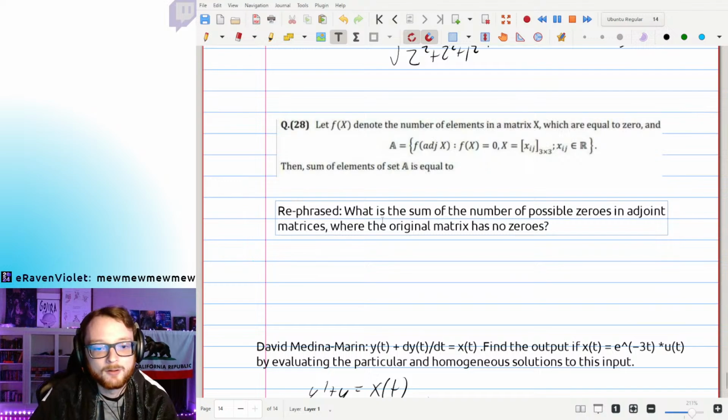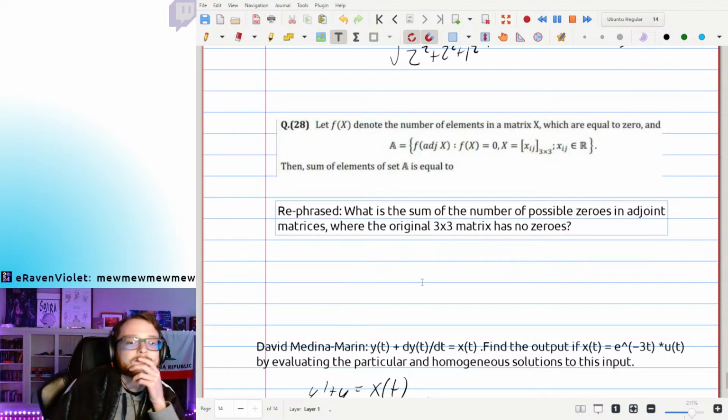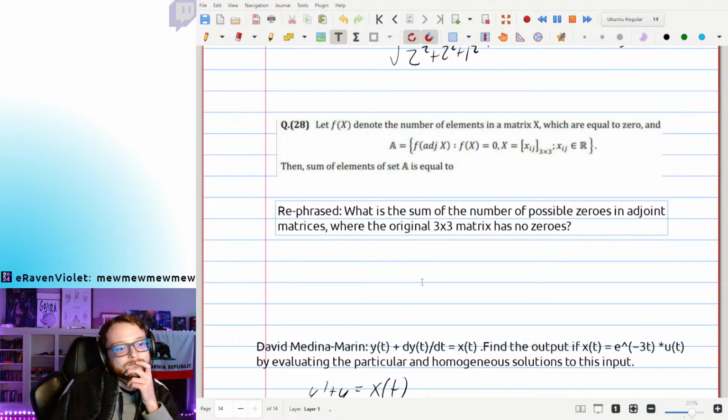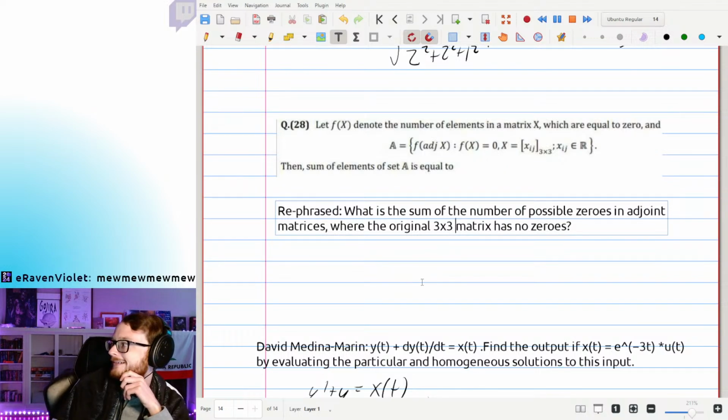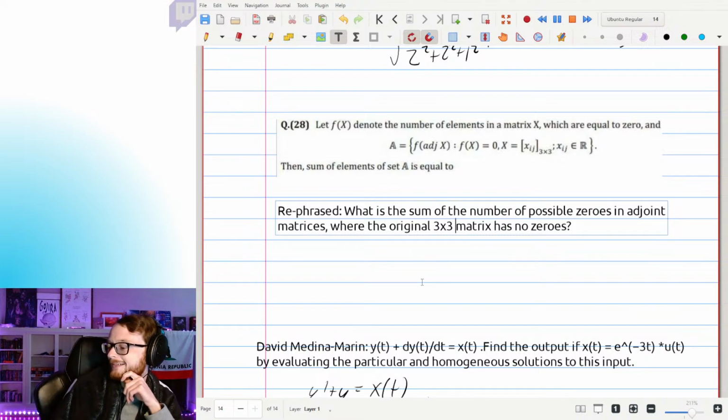3 by 3. Okay. And so presumably, oh no. I'm about to say that you could just do the zero matrix in order to get 9 zeros, but the zero matrix doesn't meet the original qualification of having no zeros, does it?